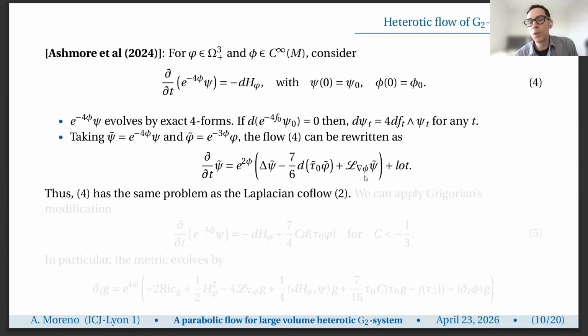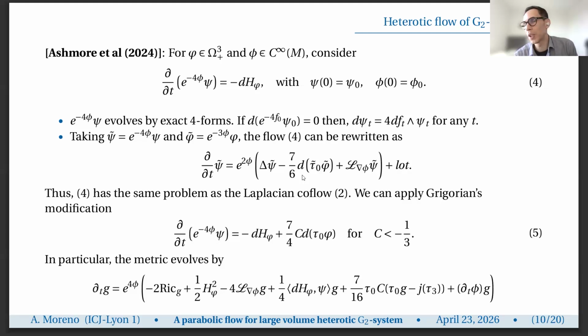If you want to look at the short time existence, you see that exactly the coefficient that you get is not in the range that Grigorian found for the short time existence of the modified coflow. So you have no short time existence for this equation.